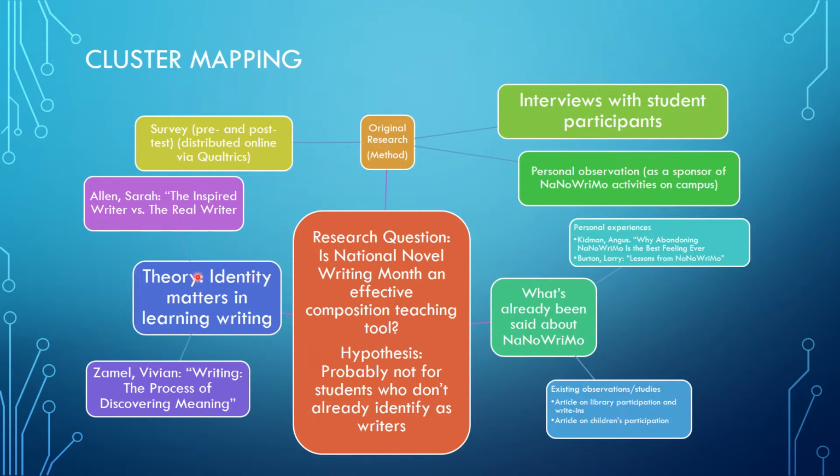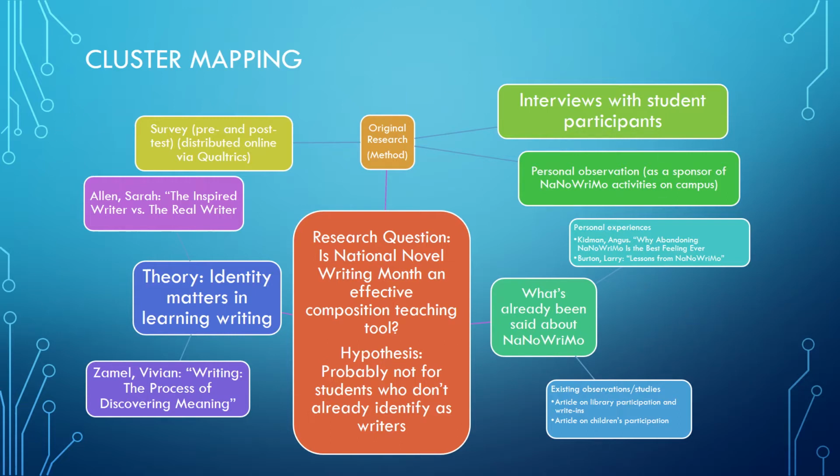Here I've got my what have people already said about how people learn how to write, and it's the same information from the previous slides, but it's organized in a visual way. And then here I've got what are people already saying, and I've got two kinds of things. I've got studies, formal observations, and then I've got personal essays where people just say what their experience was. And so I can organize it this way.